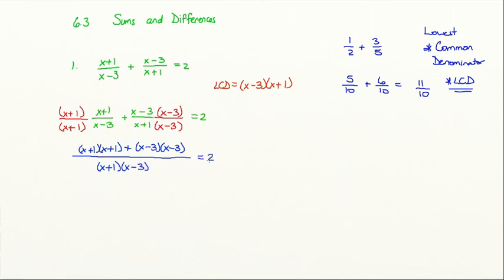And they're asking if that equals 2. Okay, let's multiply out the numerator. So x plus 1 times x plus 1, that's equal to x squared plus x plus x plus 1. X minus 3 times x minus 3 equals x squared minus 3x minus 3x plus 9. I'm going to try to keep this factored at the bottom.